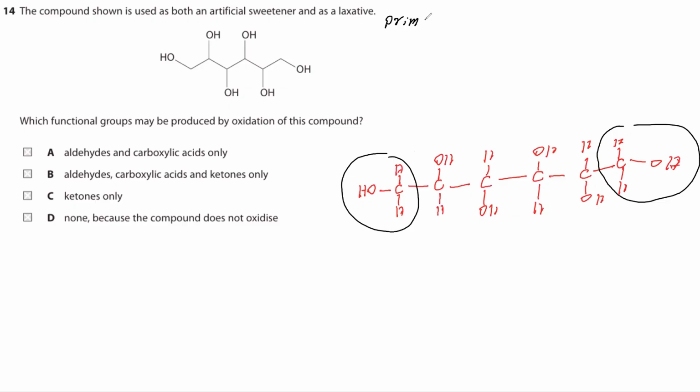So primary, what will happen here? Primary means there's an R group, CH, H, OH. Oxidation means adding an oxygen atom. When you add an oxygen atom to a primary alcohol, these two hydrogen atoms will go first, forming water molecules.